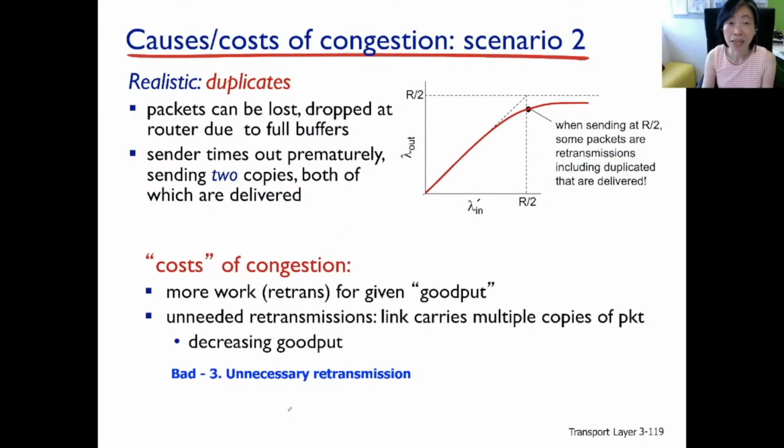So we see delay being bad, retransmission being bad, and what's even worse is that we could have unnecessary retransmission. Now if you think about it, with congestion, having packet loss and having delay is not good. But to address the packet delay issue and the packet loss issue, we need a retransmission mechanism, the RDTs. As a result, what? We are actually generating more traffic into an already congested network.